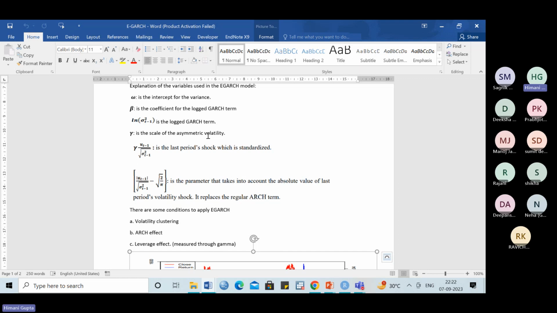There will be a negative correlation between the past and present returns, which means the negative impact will have more volatility than the positive impact. If the price decreases, volatility increases. I have told you, my asset price decreases, more debt is being borrowed, which means your volatility increases.